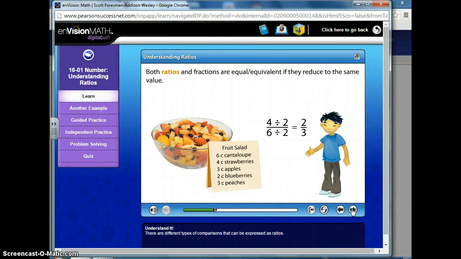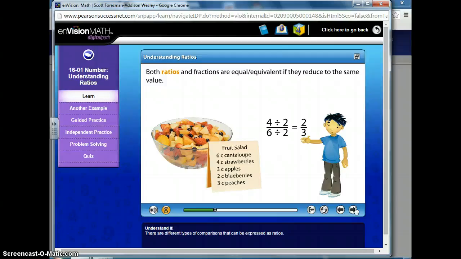Both ratios and fractions are equal, equivalent, if they reduce to the same value. Okay, so just like we've already learned about equal fractions, there can be equal ratios as well. So a ratio of 4 to 6 is equal to the ratio of 2 to 3. Just like 4/6 is equal to 2/3.